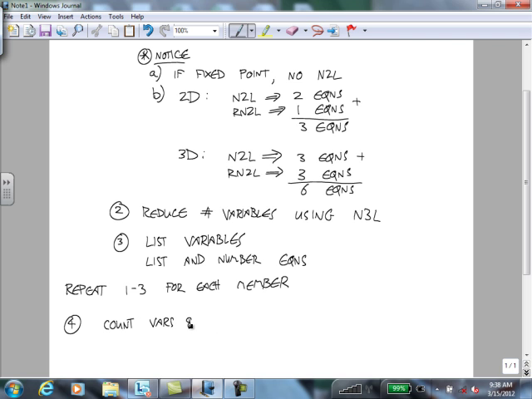And then your constraint equations, step 5, the joint constraints.